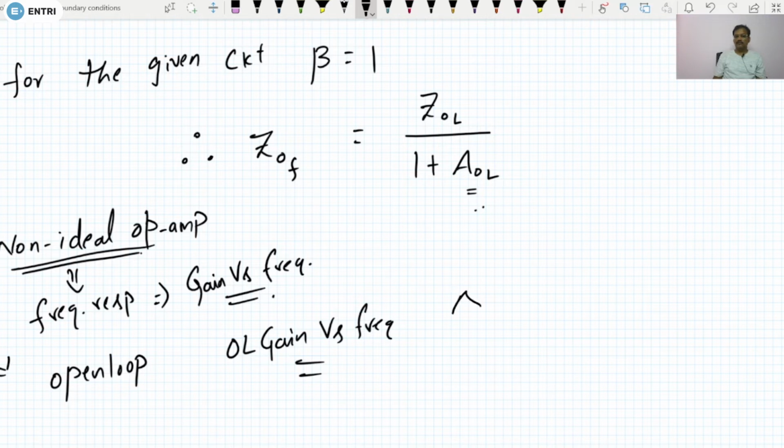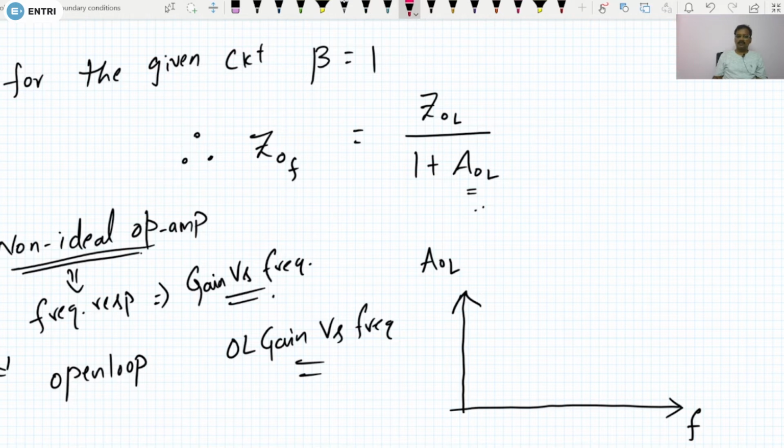If you know the frequency response of a non-ideal op-amp, then it is going to be very simple. Here it is F and here it is AOL. The frequency response will be like a low pass.